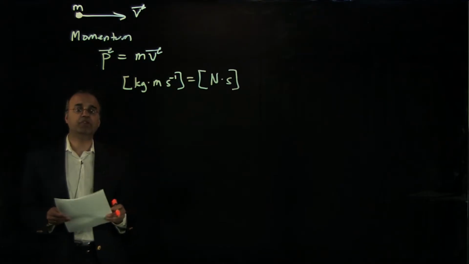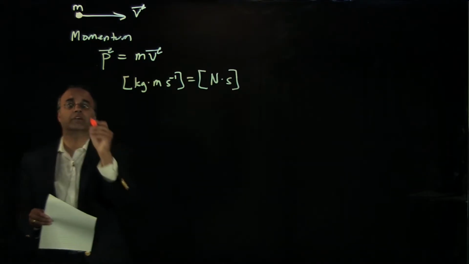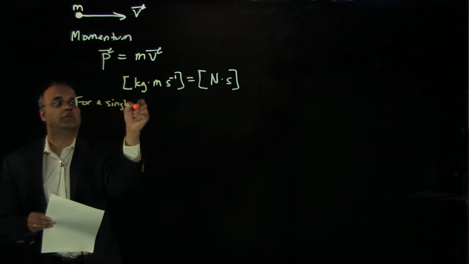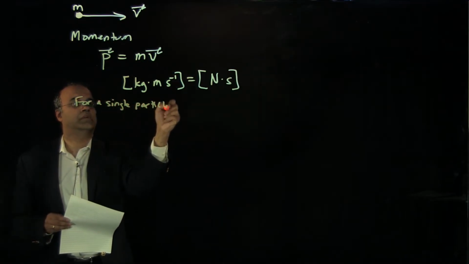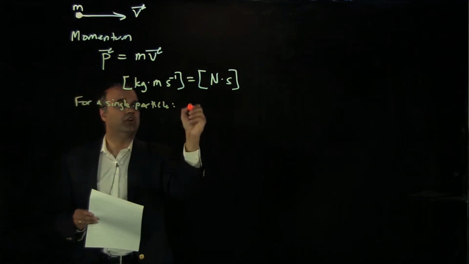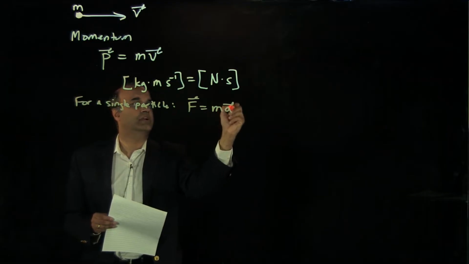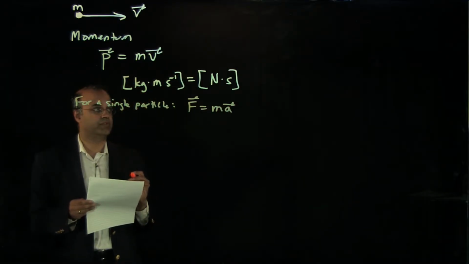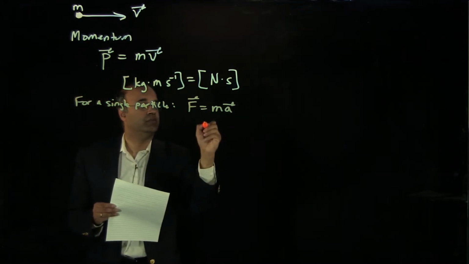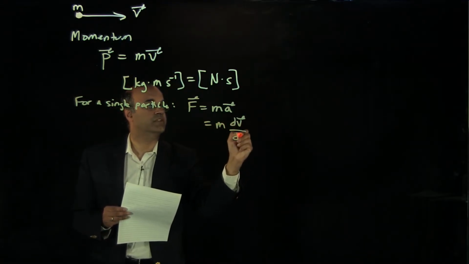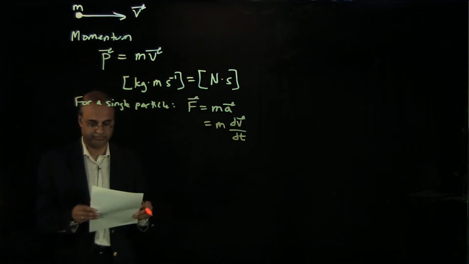Now we've seen that for a single particle, we can write Newton's second law as the force is equal to the mass times the acceleration. Or equivalently, we can write that as the mass times the time derivative of the velocity, dv/dt.